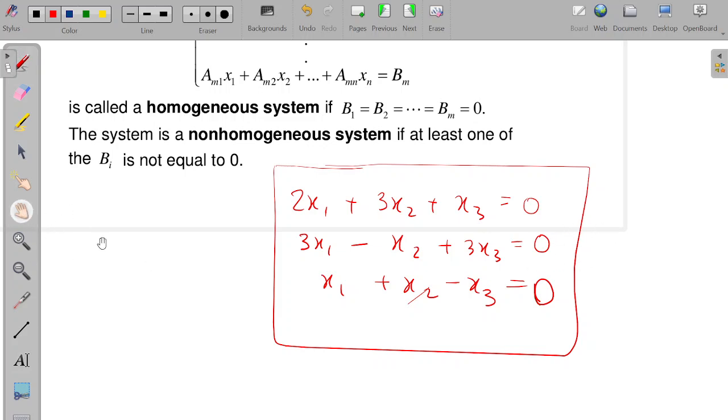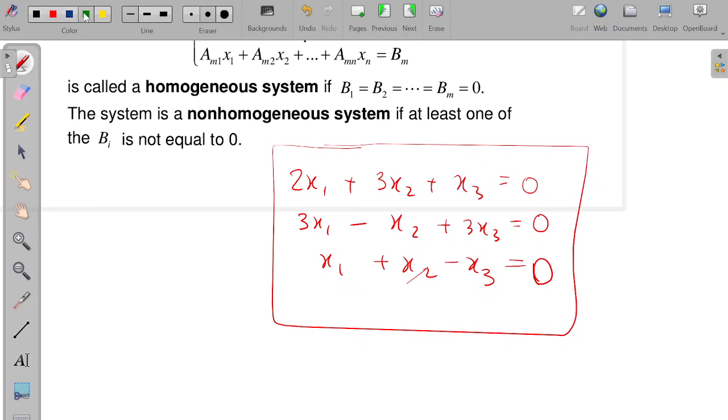But if they are not 0, then that is a non-homogeneous system. For example, if this is 5, this is 6, this is 7, then this is a non-homogeneous system.